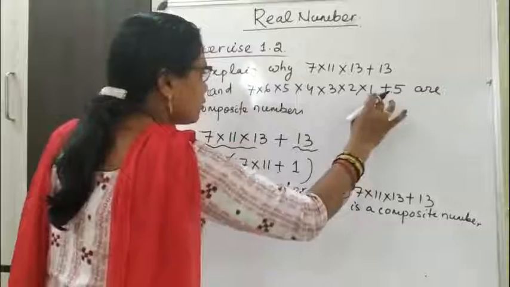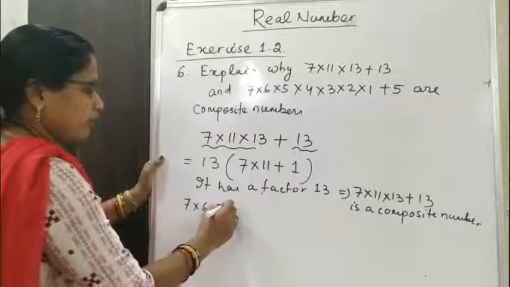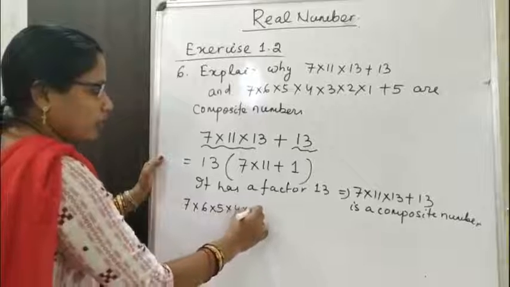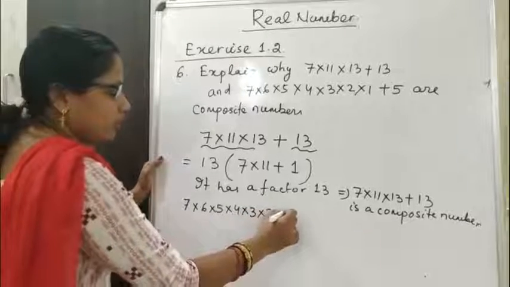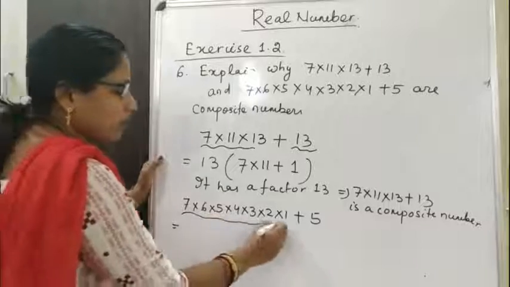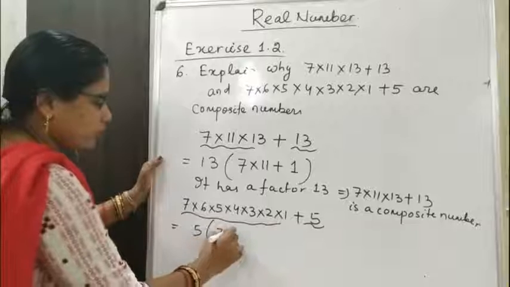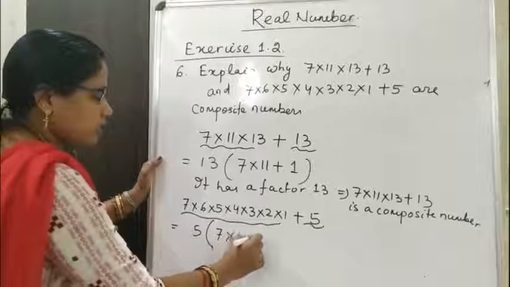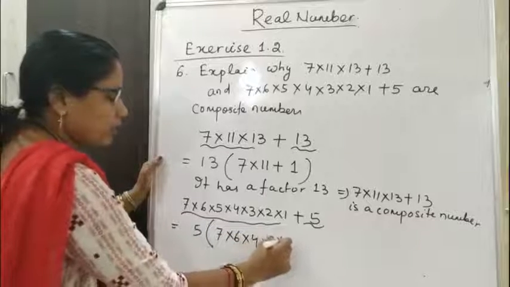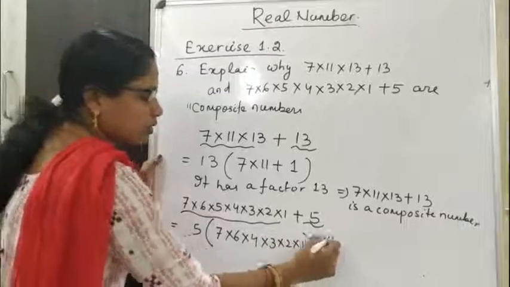Again the second one, 7 into 6 into 5 into 4 into 3 into 2 into 1 plus 5. So here from these two terms 5 is common. So 5 into (7 into 6 into 4 into 3 into 2 into 1 plus 1).